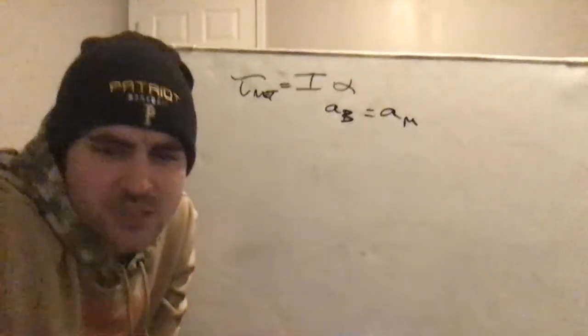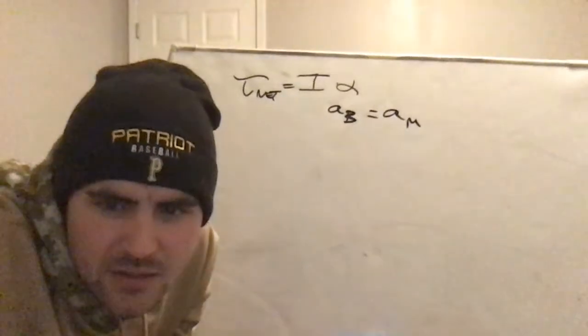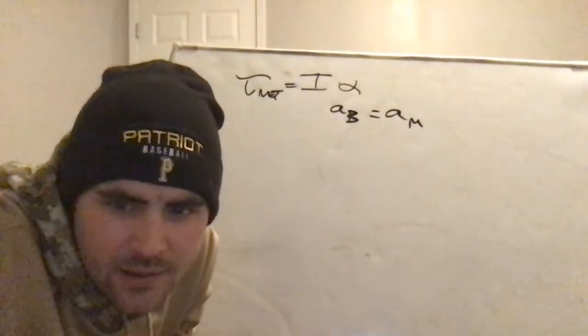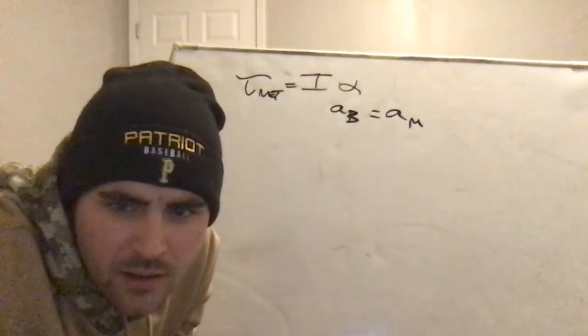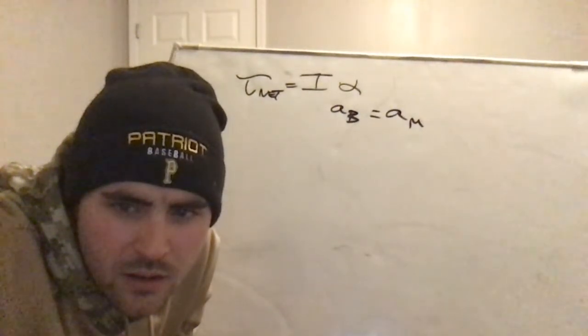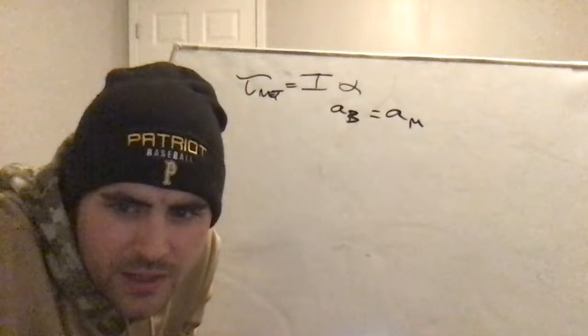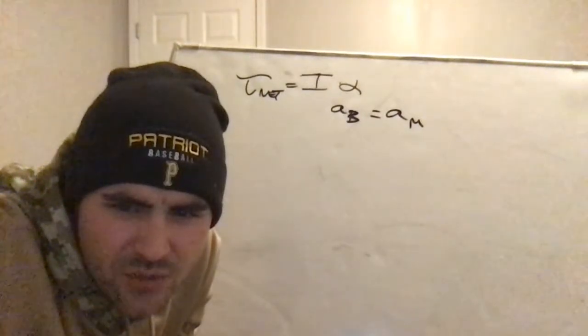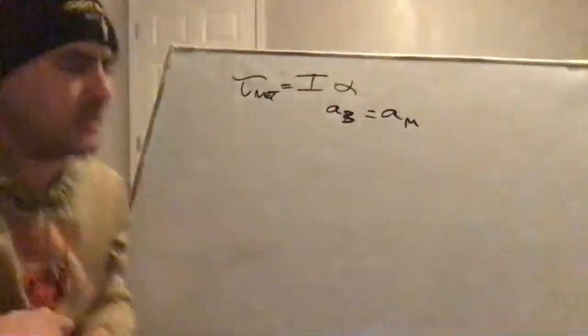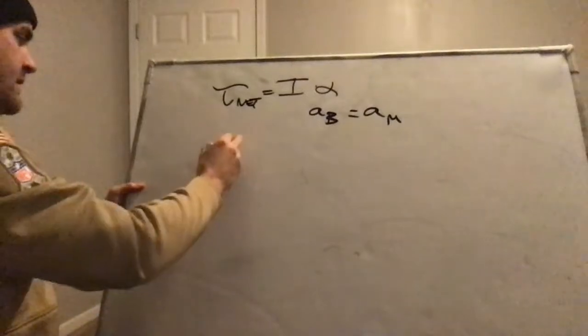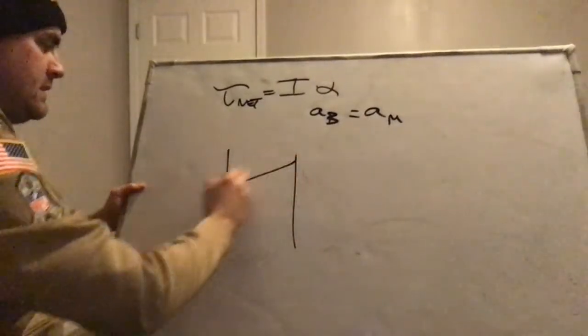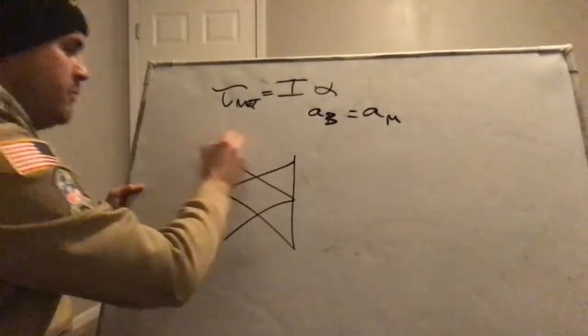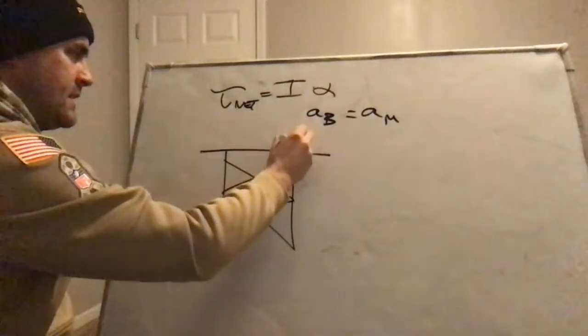When a board has 2 supports on either side and a person stands on the right side, it's like a scaffold, basically, with a board across it, and a person standing on the right side like this.